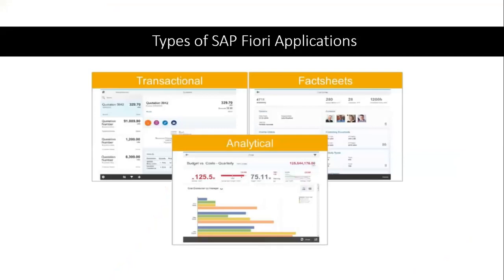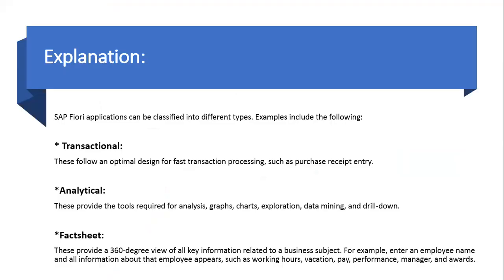So when you log in and get hold of a Fiori app, it looks exactly like what you can see. The Fiori app has three application areas. You can use it for transactional, you can do analytics, and of course you can have fact sheets. Transactional means processing transactions.